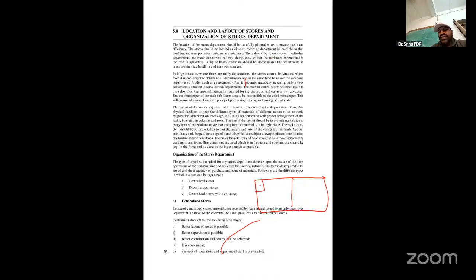If they can issue easily from the stores department to the production area, okay. But if the stores department is very far from production, it is very difficult to issue. So location and layout of stores and organization of the stores department is very important. It is going to be established nearby the production area only.